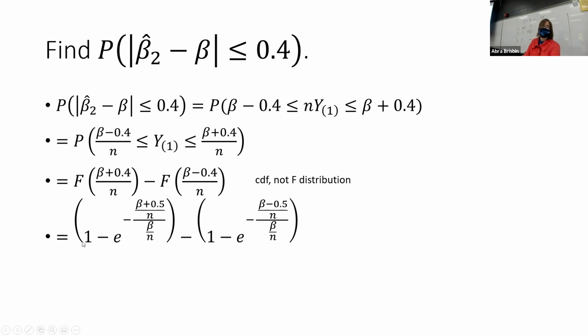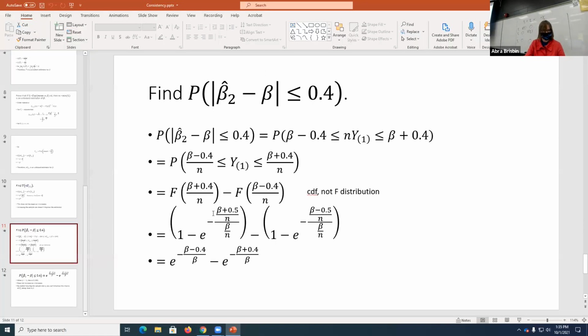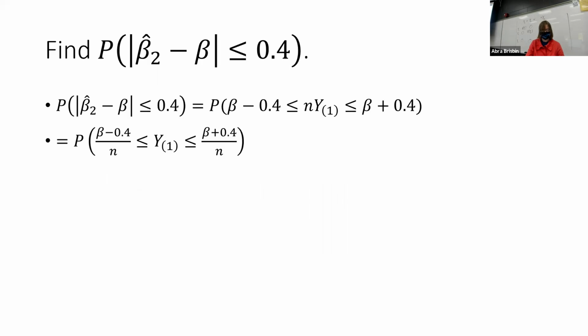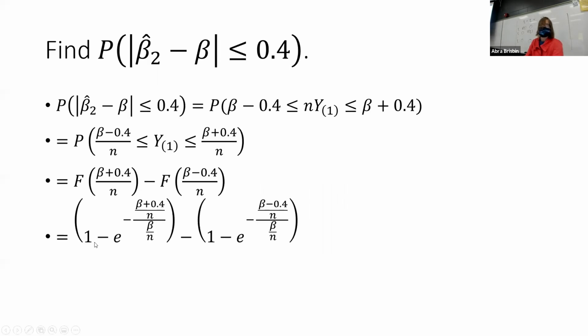All right. So when we do that, we get the CDF for an exponential distribution. So 1 minus e to the negative, oh, sorry, that should be 0.4, not 0.5. So 1 minus e to the negative value we want to find the probability of being less than, divided by the mean.